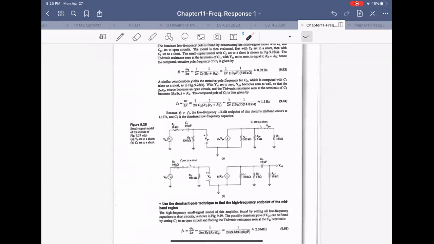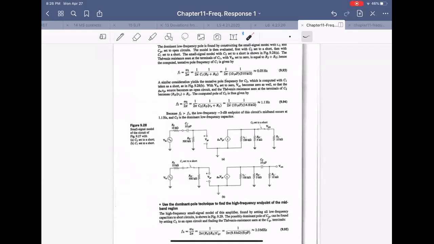Okay. By CGS, what is in parallel with this? We have the actual CGS here between gate and source. What is in parallel with this one? This guy and this one in parallel. RS, RG in parallel, right? RS is 10K, this 500K, about 9.8K. How about this?